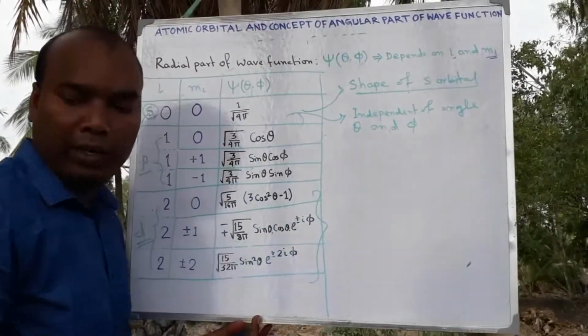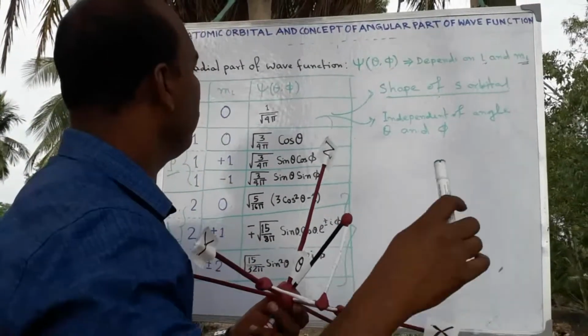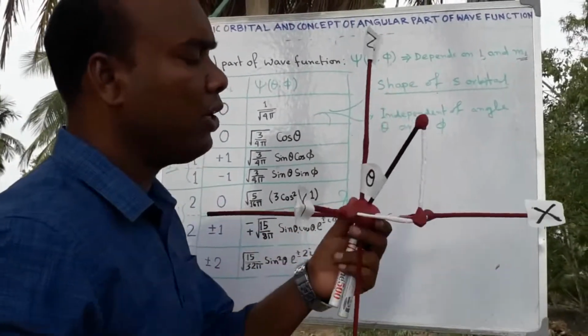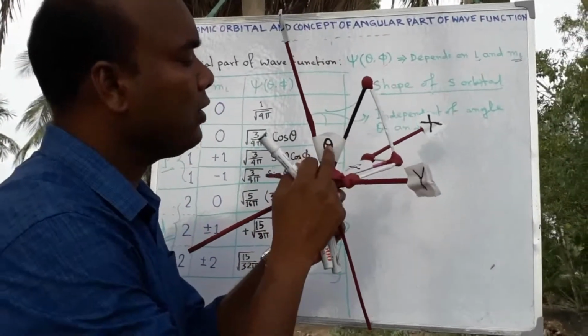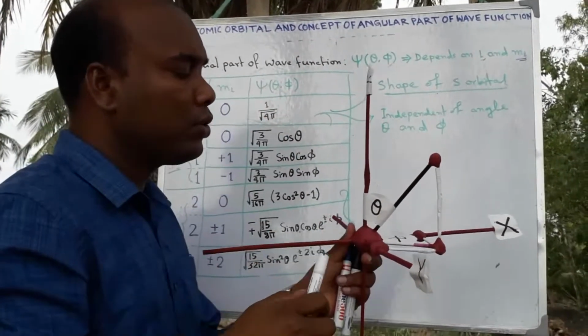That is, in all direction, the angular part of wave function does not depend on the angle theta and phi, and it has only a constant value.